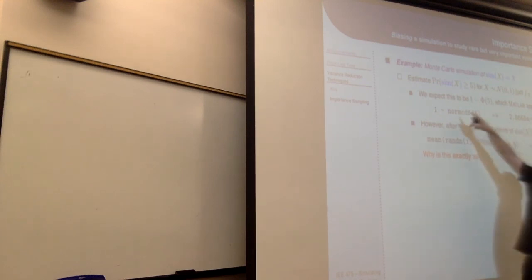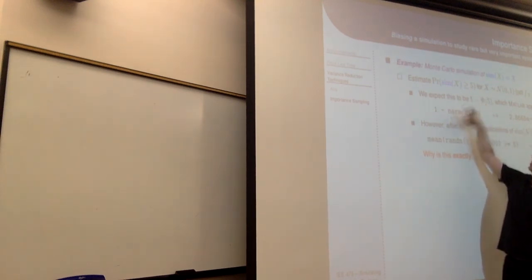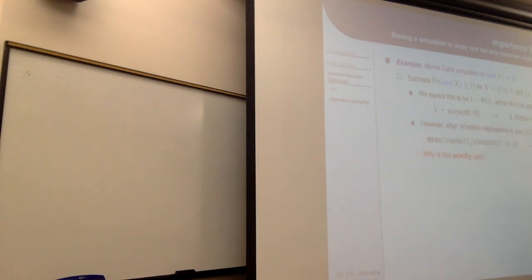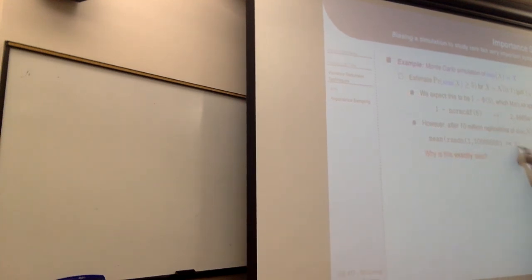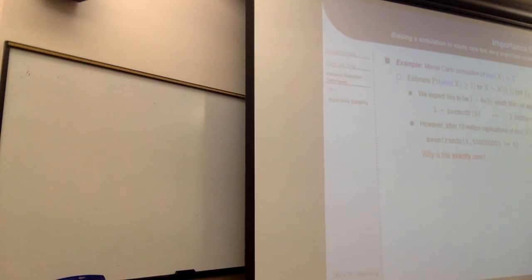So I want an estimate of that using simulation. I can calculate it, and I know it's going to be this number right here. But I'm going to go into MATLAB and generate 10 million replications of a standard normal, and ask, how many of them are greater than or equal to 5? And MATLAB comes back and says the average value of that is 0.